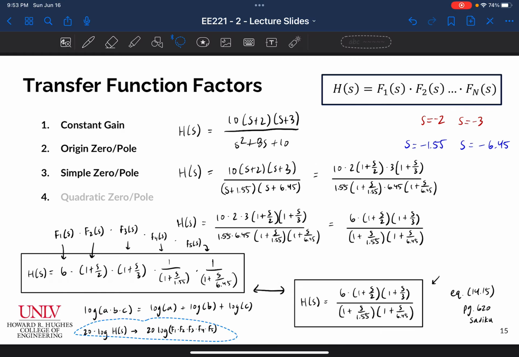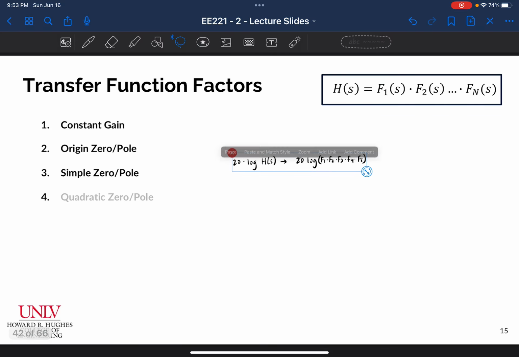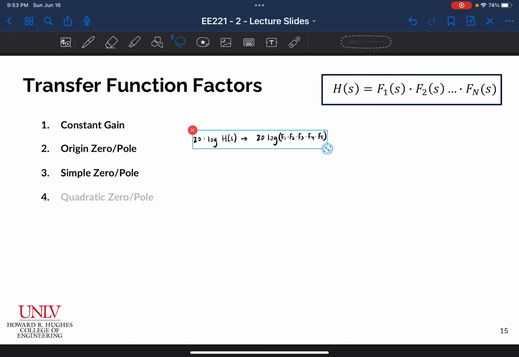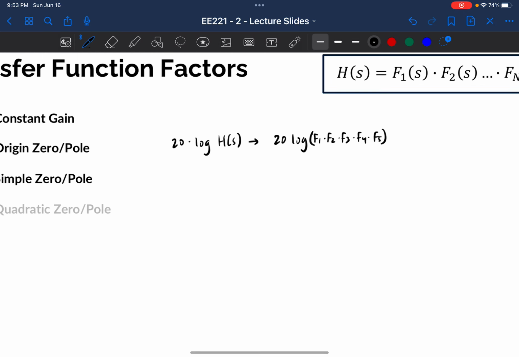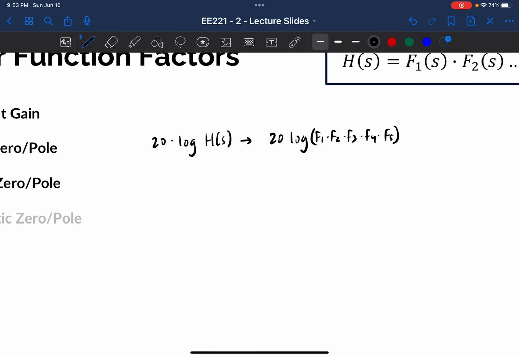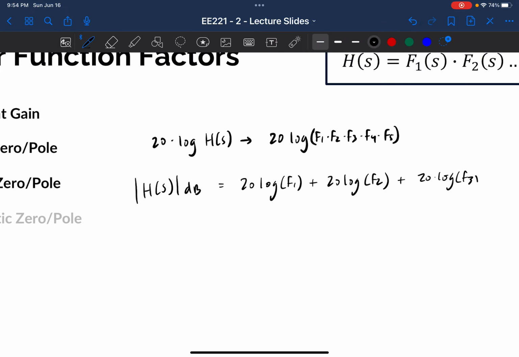The key here is that this big complicated transfer function with all this stuff going on can be very easily plotted as a Bode plot because of this log rule that tells me that now I can take 20, basically h of s in dBs can be 20 times the log of f1 plus 20 times the log of f2 plus 20 times the log of f3, and so on.